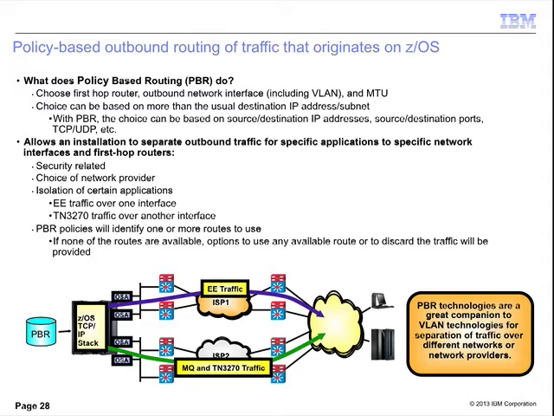Enterprise Extender traffic is defined as being on ports 12000 through 12004. You can have a PBR rule that says for ports 12000 through 12004, use this particular interface. That's what PBR is all about. This is intellectually a pretty interesting function. From an exploitation perspective, we have a couple of customers that think it's the greatest thing since sliced bread, and they have solutions that are very much dependent on it.